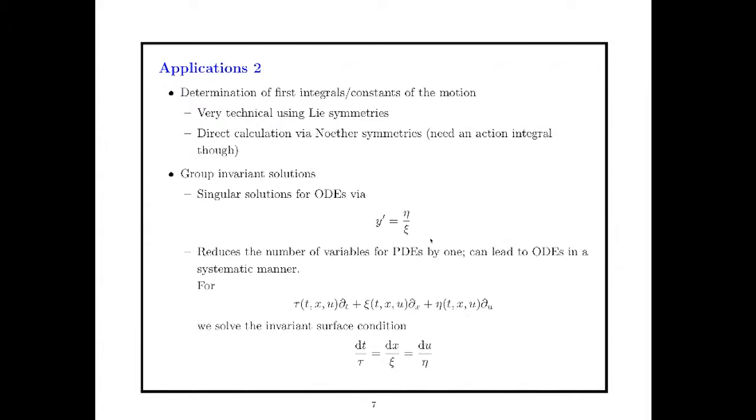Perhaps the best known application of group invariant solutions is for PDEs. You can use symmetry to reduce the number of variables of the PDE, by 1 in each case. Ultimately, you want to reduce your PDE to an ODE, and hopefully you can solve that. Two points that I want to make in this regard.